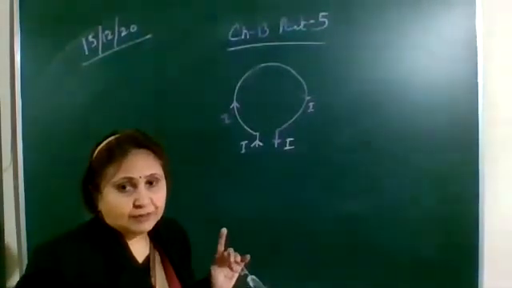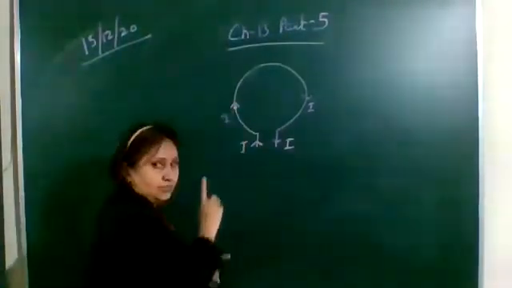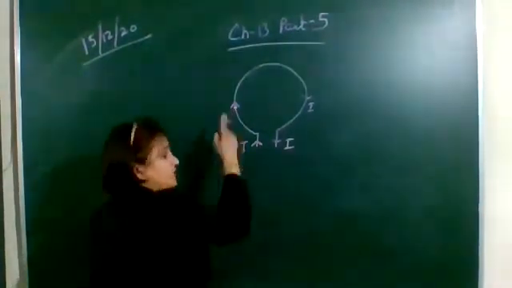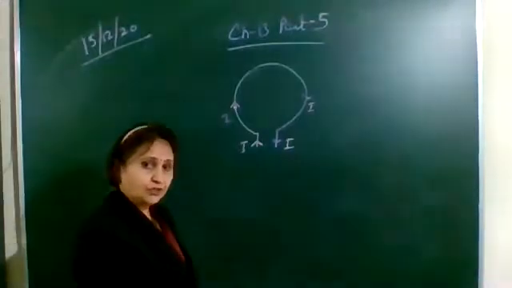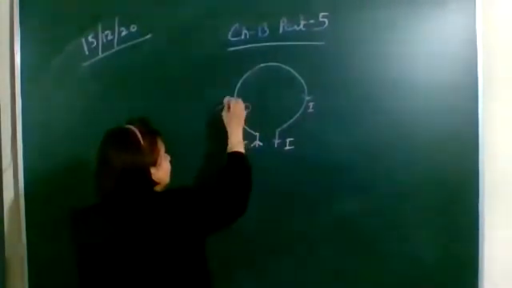Now let us consider this point. At this point the current is in the upward direction. So we draw the magnetic field lines. These are concentric circles.